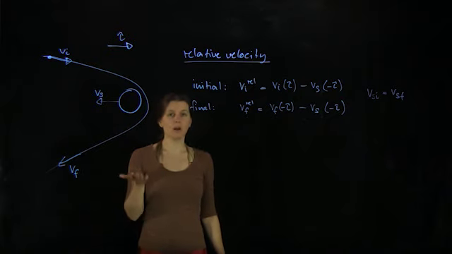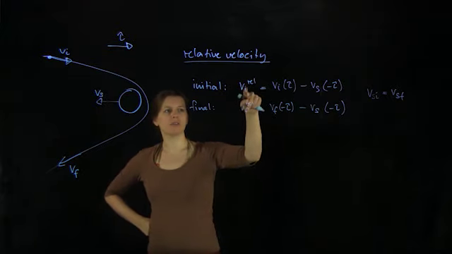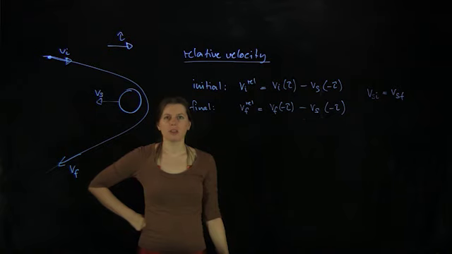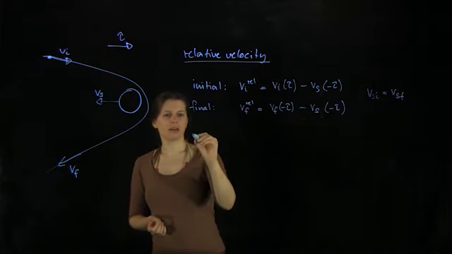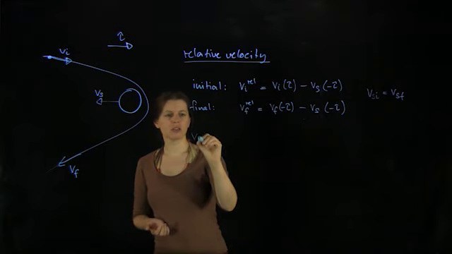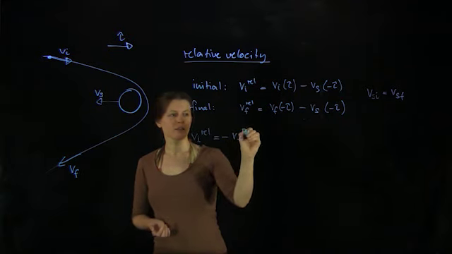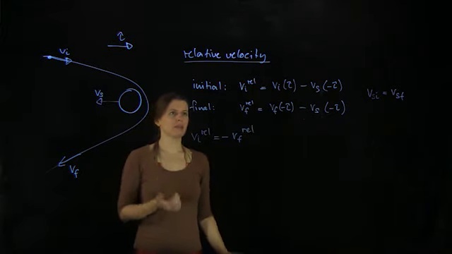Okay, good. There's one more thing that we need in order to solve this, because we need to know how the relative velocities are actually related. And the energy and momentum laws help us there, because that gives us that the initial relative velocity equals minus the final relative velocity. Okay, so we can plug that in now.